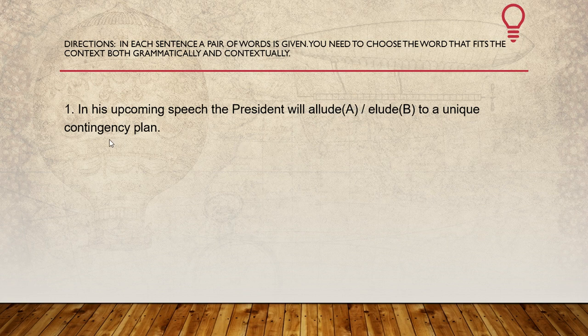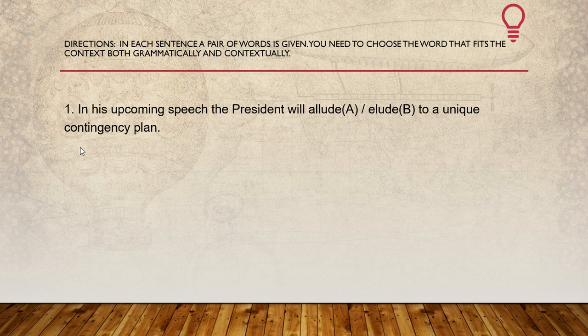Now let us have a look at the meaning of the words if you don't know. So what is the meaning of the word contingency? See, contingency can refer to a future event or circumstance which may be possible. Means the event or circumstance has a possibility of happening.